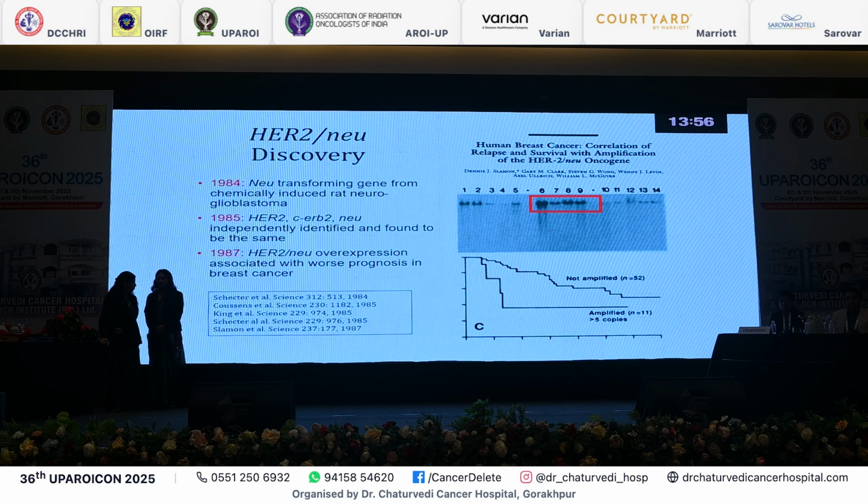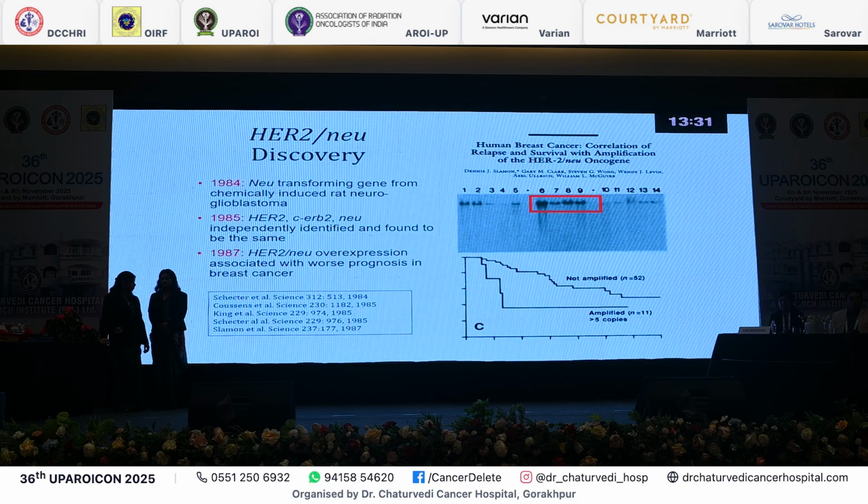Few points about the HER2/neu. Why are we talking about HER2 positive? Everybody has the same thing, that we have to do ER, PR, HER2/neu always, and HER2/neu testing is very important, because if you see the curve, if a tumor is HER2 amplified, the prognosis falls by more than 50%, and it is considered one of the poorest prognosis diseases if HER2 positive is there.